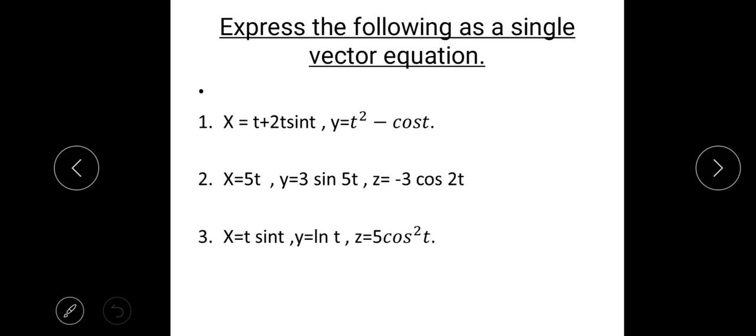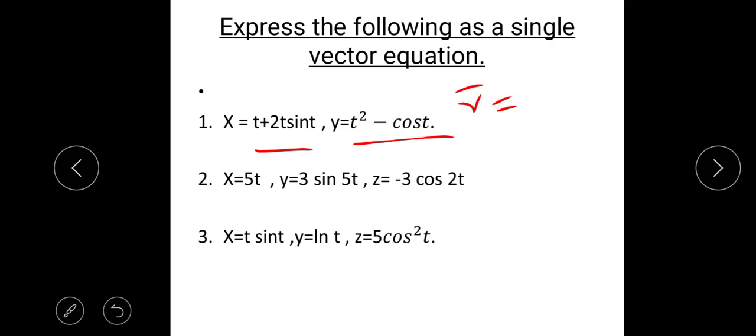Now I'll give you a few questions. Express the following as a single vector equation. x is equal to t plus 2t sine t, y is equal to t square minus cos t. You can see that this is split up form, that means the parametric form. Then what will be the corresponding vector form?